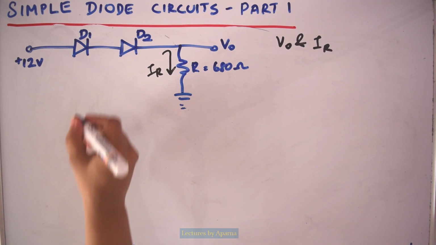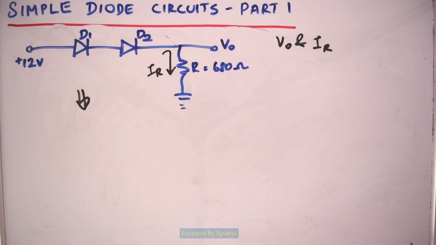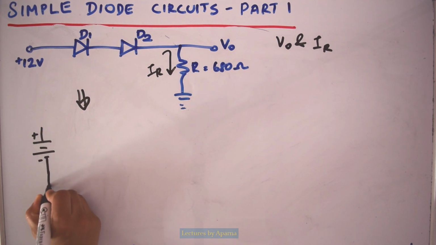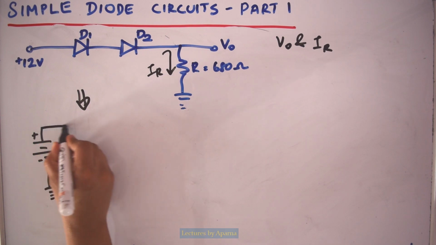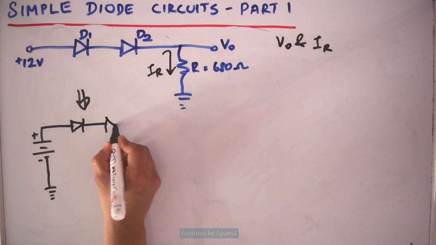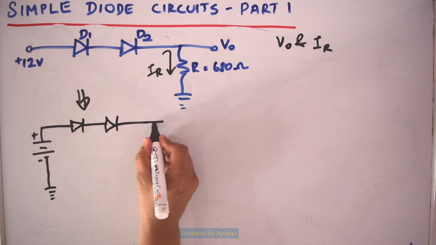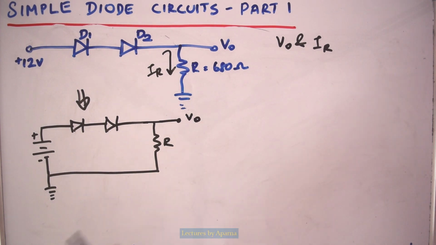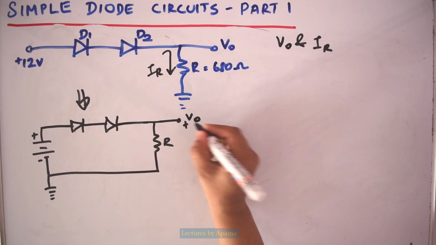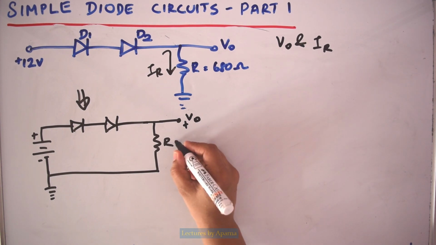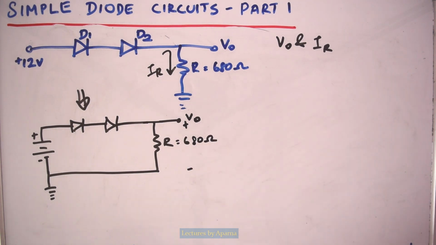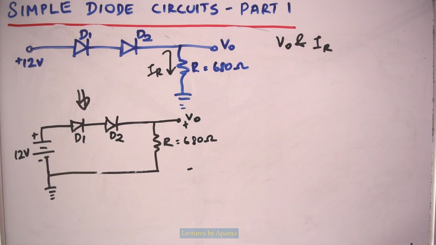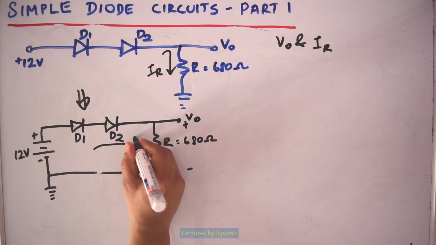This circuit can be redrawn as: you have the 12 volt supply, whose positive terminal is connected to D1, D2, then the resistance R and the output voltage V0. The value of resistance is 680 ohm, and the supply is 12 volt. Current flowing through this is IR.